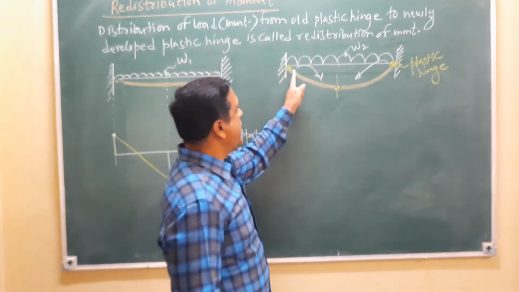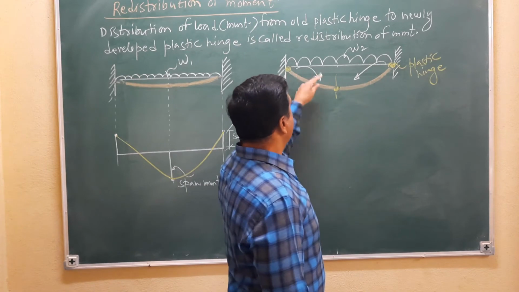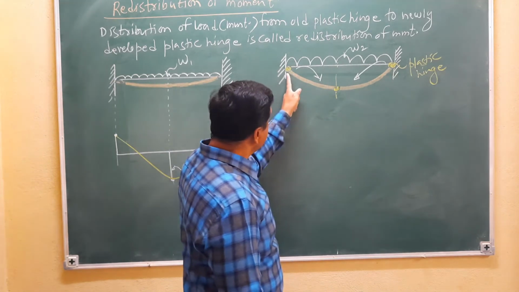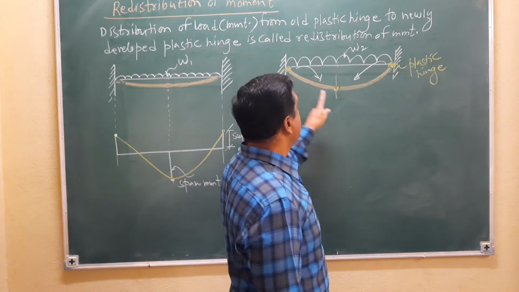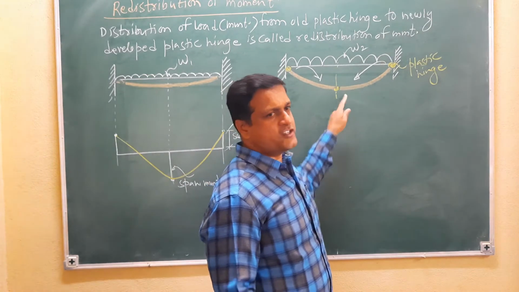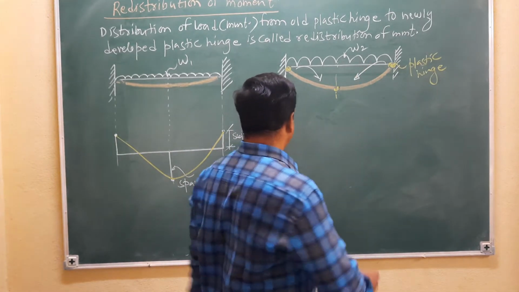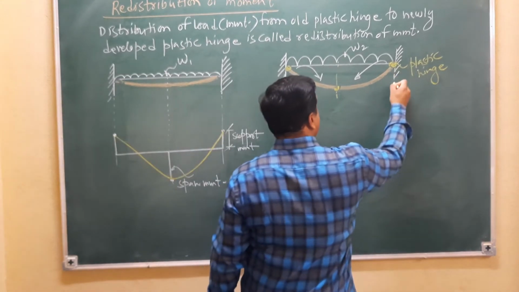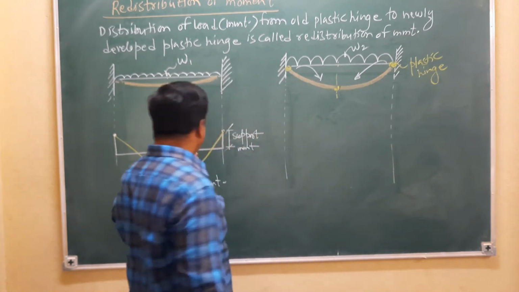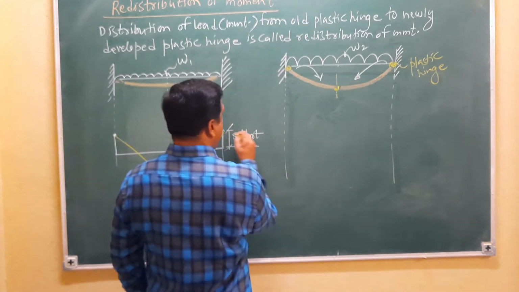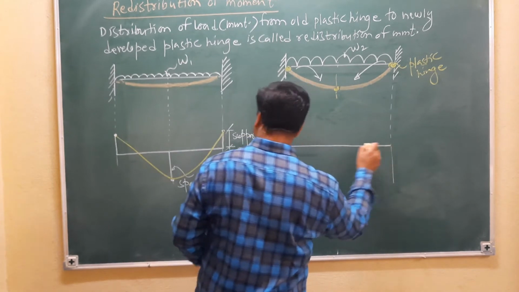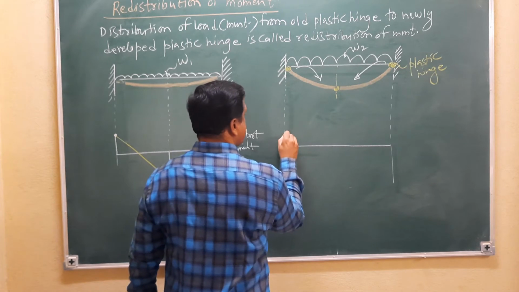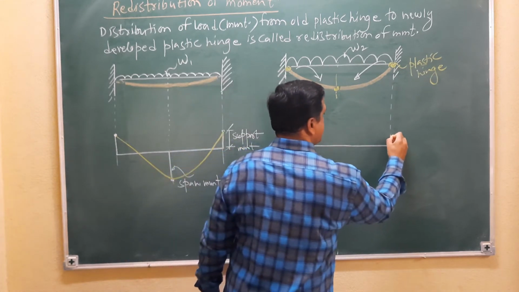Now in between, while transferring the load to this hinge, it reduces the bending moment at this location and increases the bending moment at this location, obviously, because the load is transferred to this hinge. So how will the bending moment diagram compare?